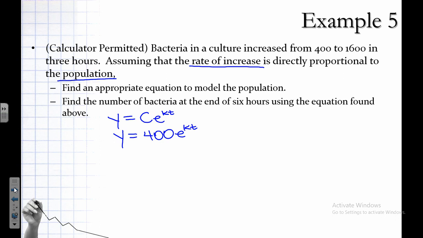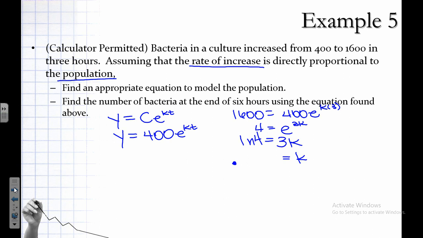So we can use that to help us find k. So we know 1600 equals 400 e to the k times 3, right? So 4 equals e to the 3k. k equals the natural log of 4. k is what? 0.462.